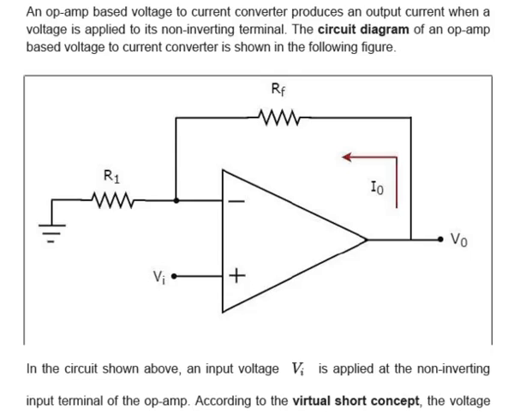The circuit diagram of an OPAMP based voltage to current converter is shown here. So in the above circuit, the input voltage Vi is applied at the non-inverting input terminal of the OPAMP.